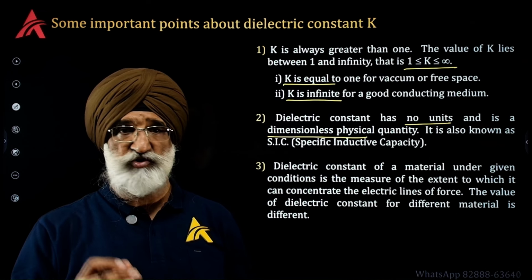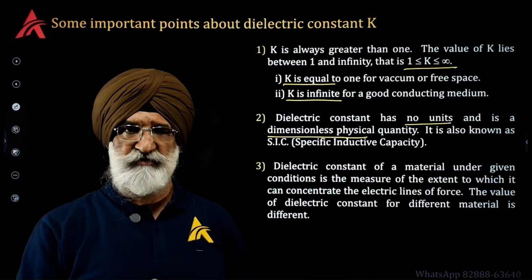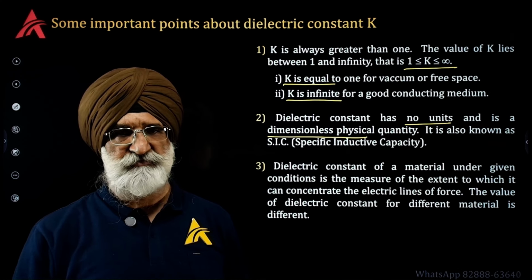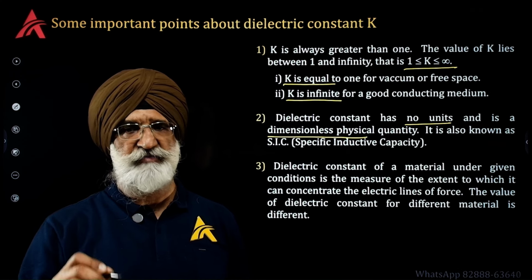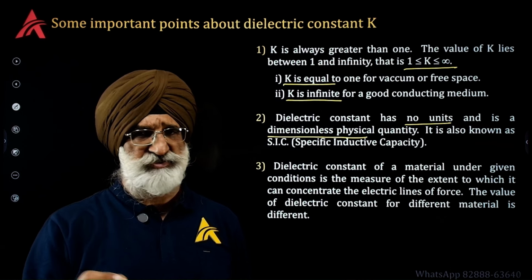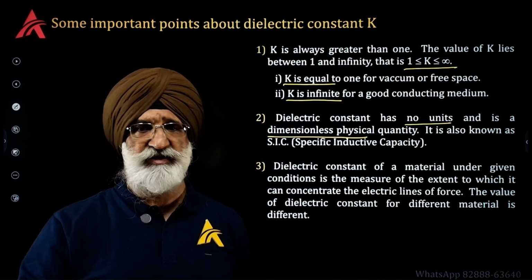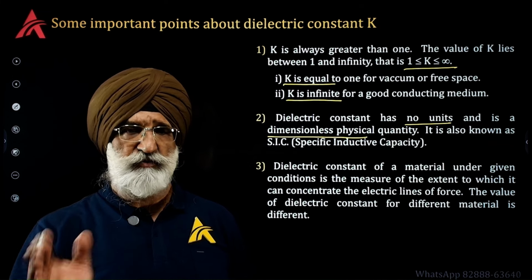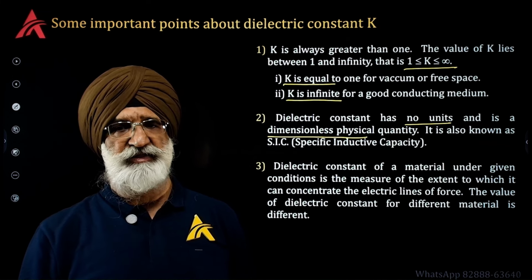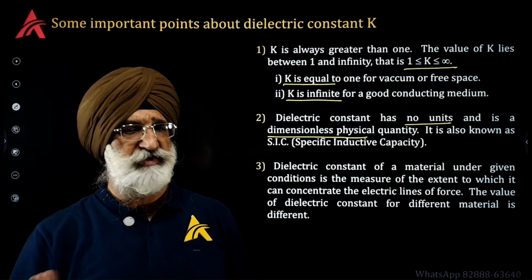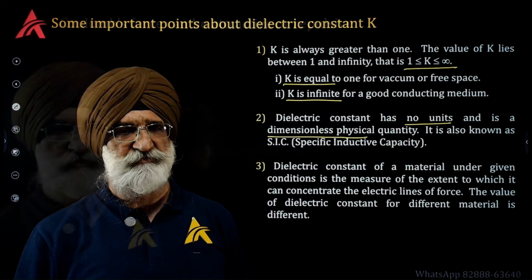If that medium is not able to concentrate enough electric lines of force, it means that the dielectric constant is less. So the dielectric constant of a material under given conditions is a measure of the extent to which it can concentrate the electric lines of force when that medium is kept in that electric field. The value of the dielectric constant will be different for different mediums.